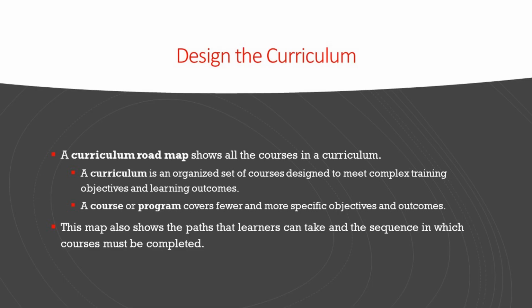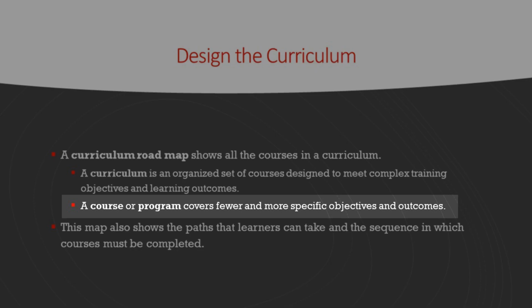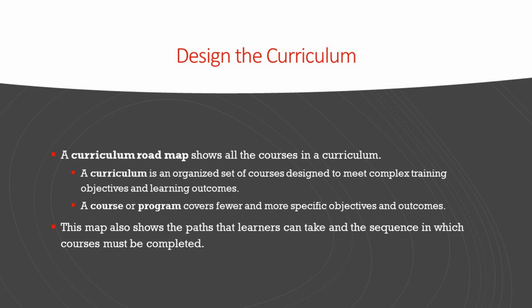Curricula often provide options so learners can choose courses that meet their needs. Courses or programs are focused on more specific objectives and outcomes, ones that need to be aligned with those in the curriculum.